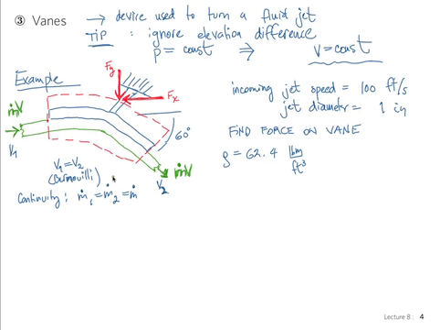I'm not going to use it in any way in the problem. I draw it in a way that makes sense, but I'm not going to use it. But I am going to be worried about this control surface and this one over here, because there's some fluid going in and going out, and that's where momentum goes in and out of the control volume.